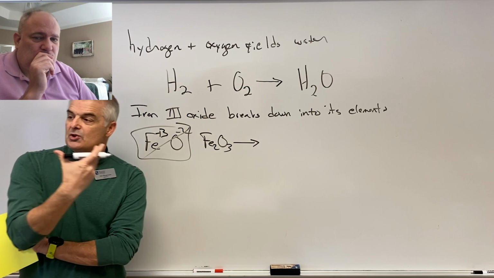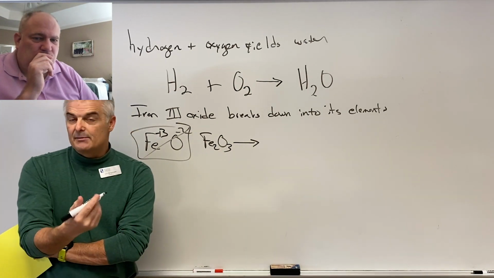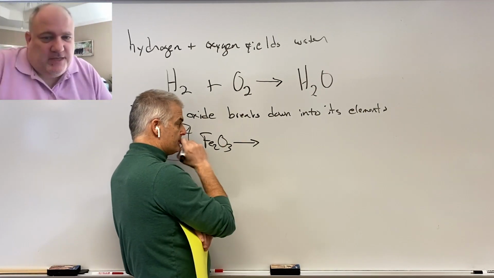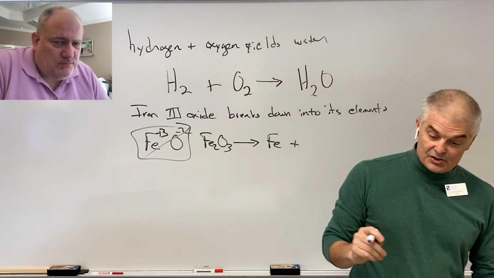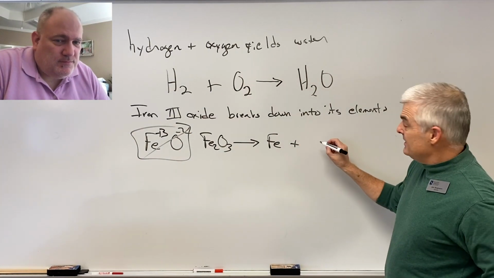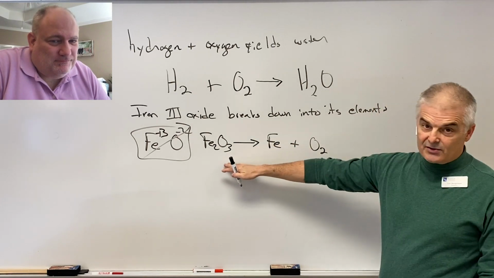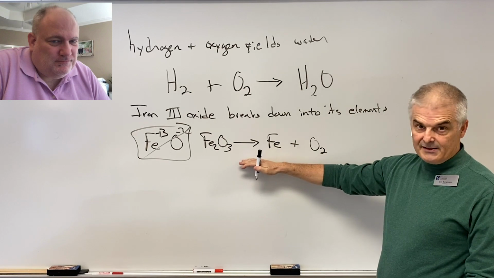So it's going to yield, it's going to produce its elements. So what are the symbols for its elements? Iron is? Well, iron, as we just said, is Fe, just Fe by itself. Plus oxygen. Now, oxygen's tricky. What's oxygen going to be? It's not O, it's O2. O2. And again, this might bother you that we've got two irons, and we're going to learn how to deal with that in the next video.